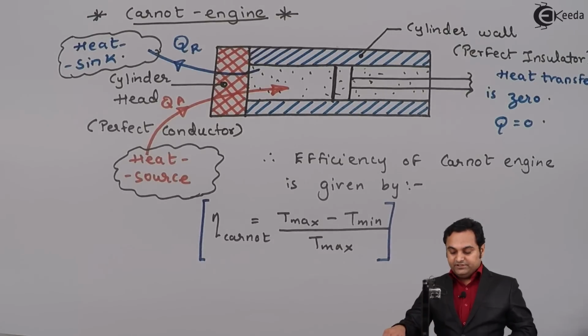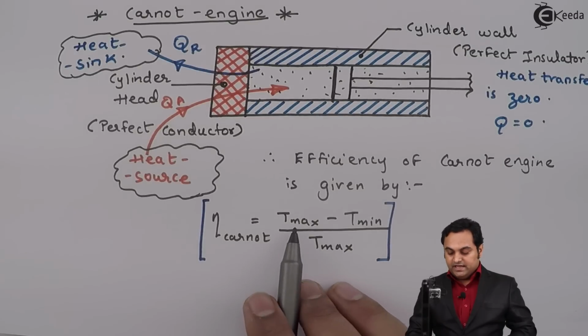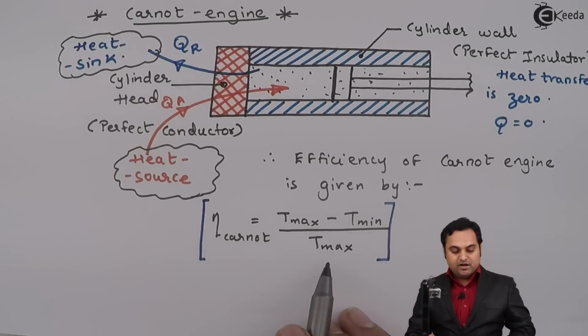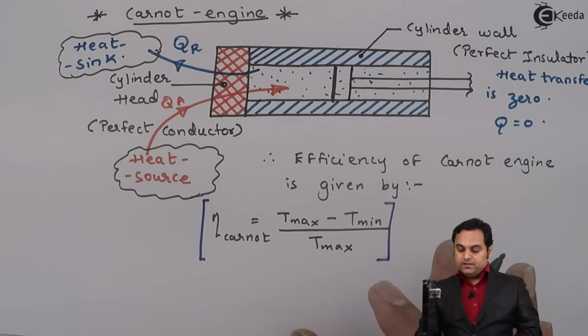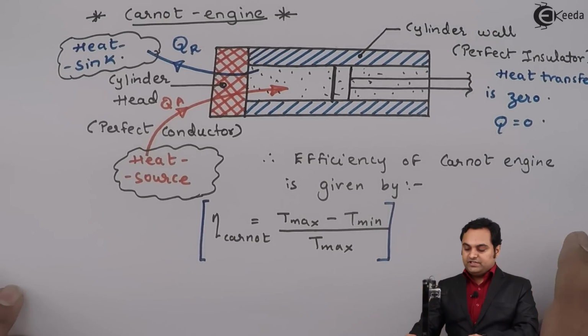So here we have written the formula of Carnot efficiency. Now let me write down some of the limitations of the Carnot cycle.